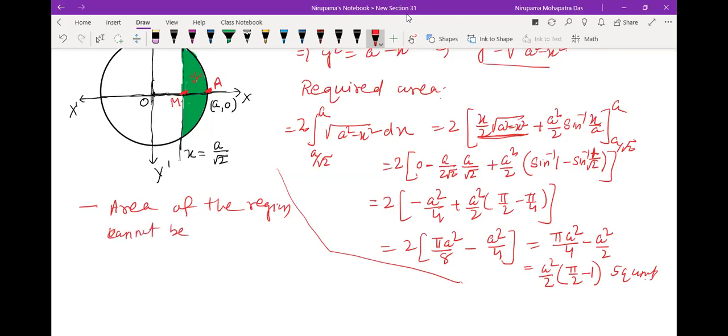Like in the case of x cube, whenever you take it from minus 1 to 1, we are getting this portion from x equal to minus 1 to x equal to 1. But the integral from minus 1 to 1 of x cube dx is 0, because this is an odd function. But here you see the area is not 0.